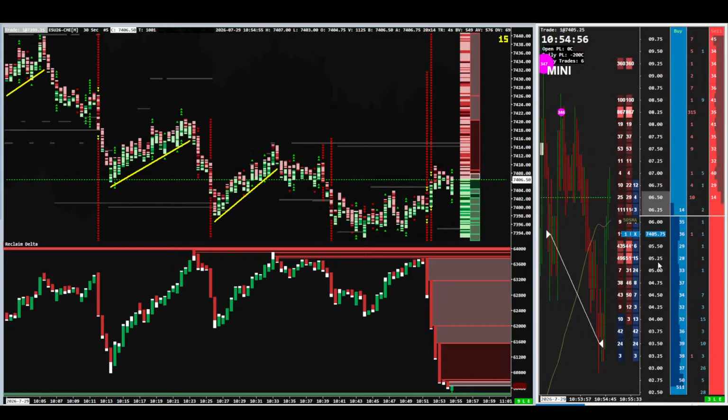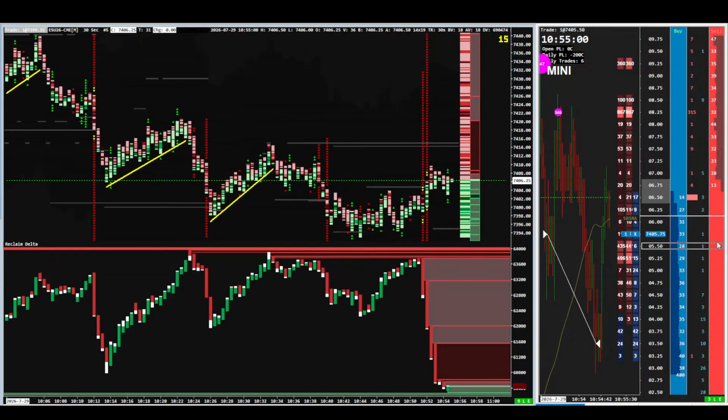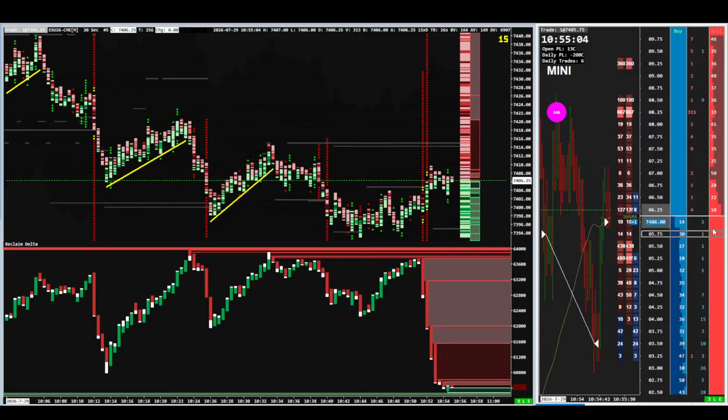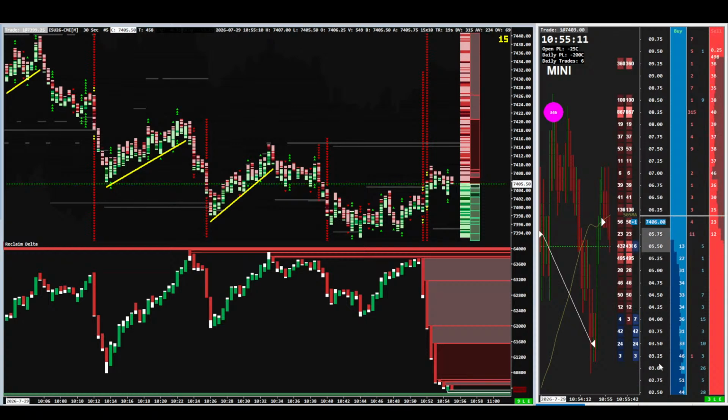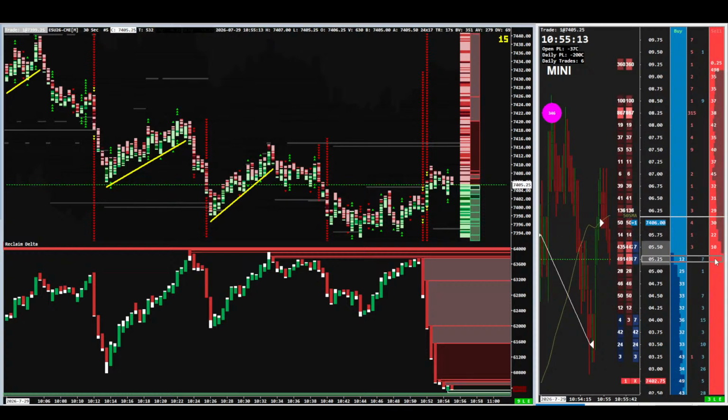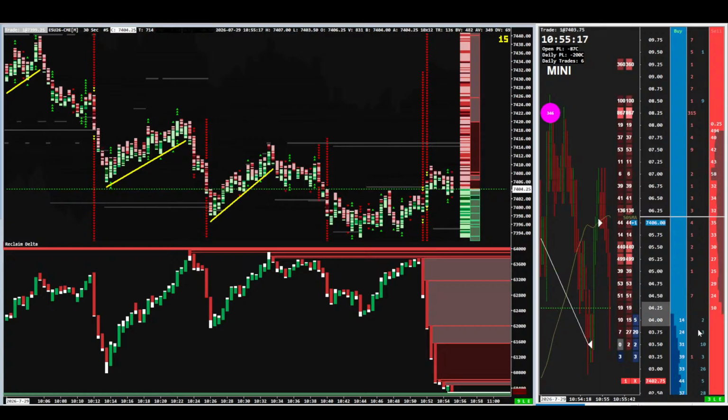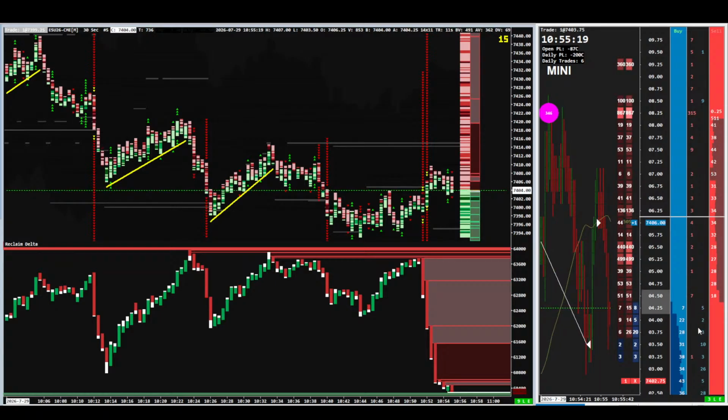All the inventory came out from the open, almost. There's fresh buying coming in to defend that midsection.